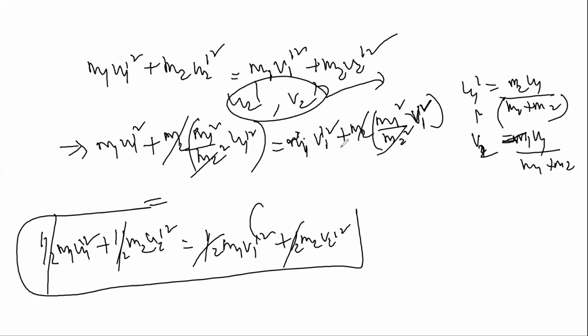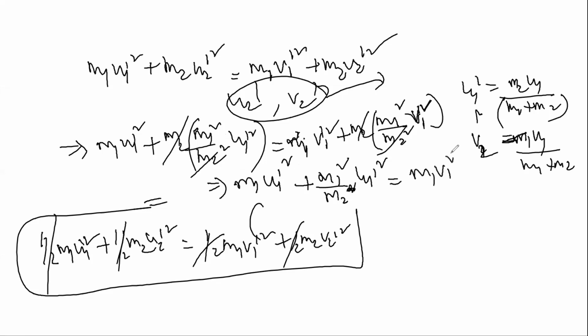Finally I'll remain with m1 u1 dash square plus m1 square by m2 u1 dash square. Students, here only one m2 gets cancelled, one remains. m1 v1 dash square plus, here one m2 gets cancelled, so m1 square by m2 v1 dash square.